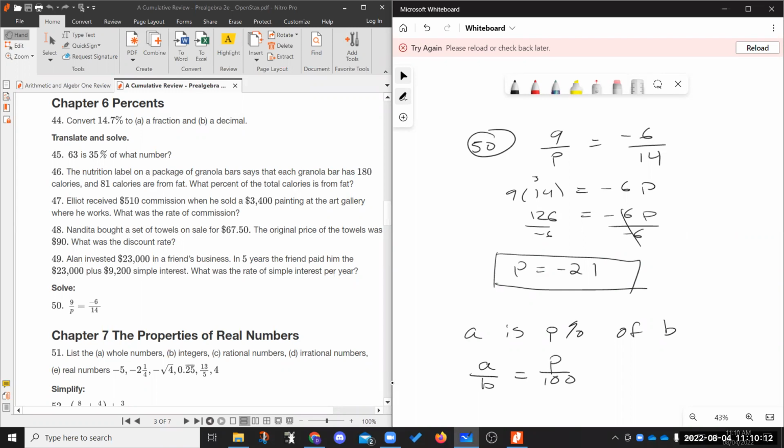And we can set it up with the proportion like this, where A is your amount that you have, B is your base, P is your percent, and whichever one of those is missing in the problem, you can set it up like this.